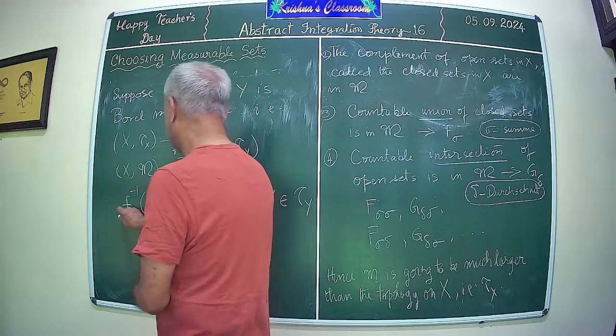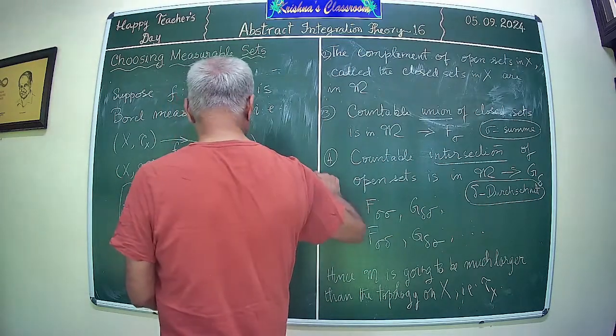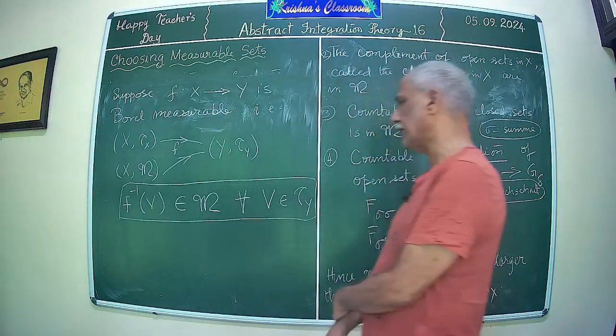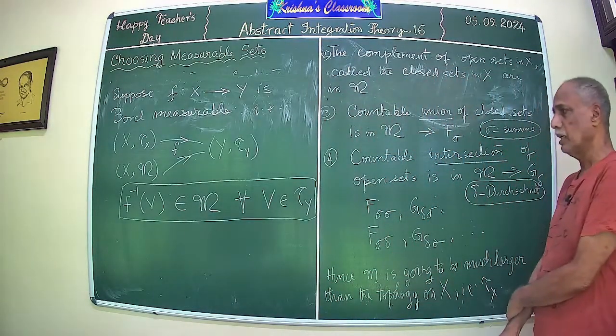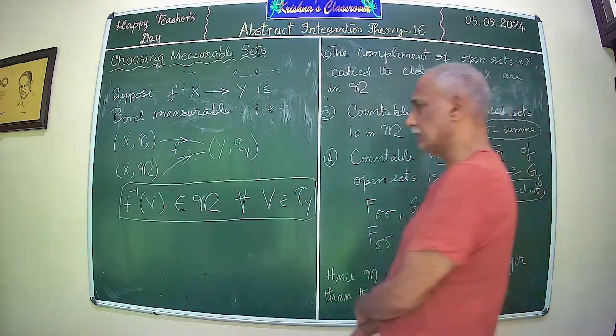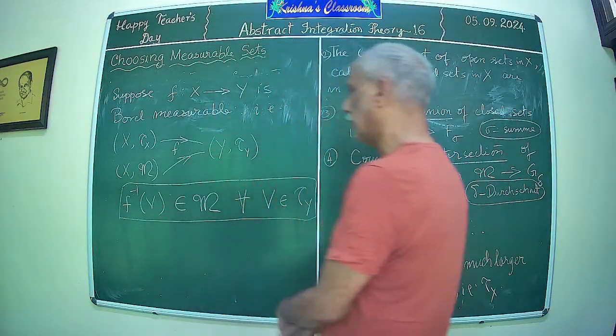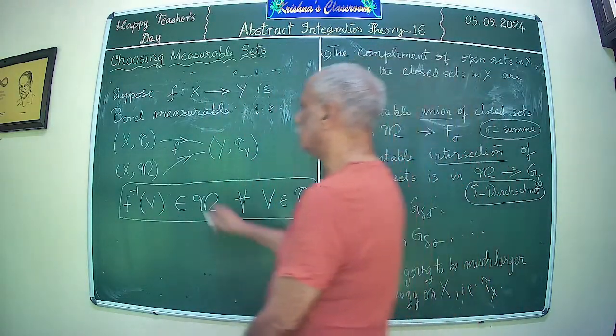For every open set in Y as designated by tau Y, its inverse image in X is in the sigma algebra. Then you say it is Borel.